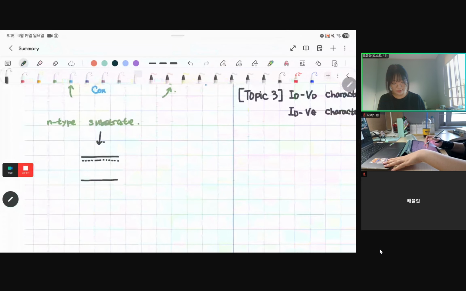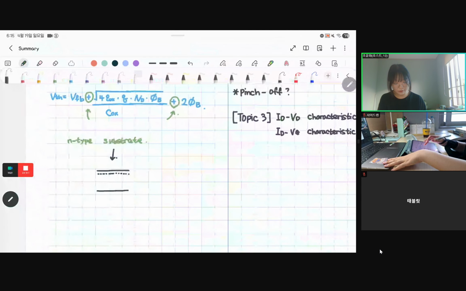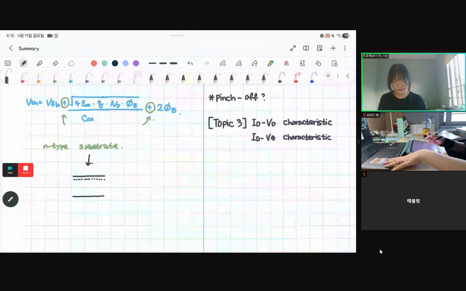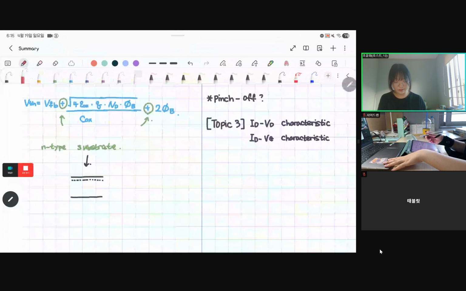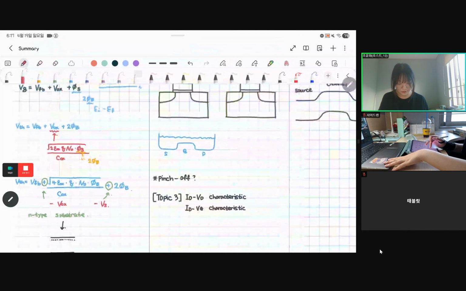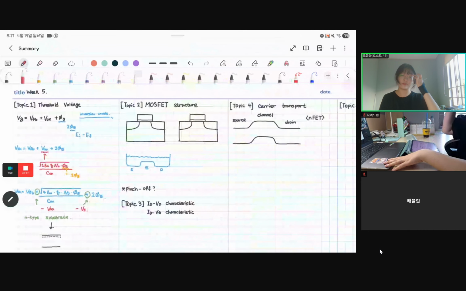With an N-type substrate, the polarity is inverted. So when we calculate it, we consider that the oxide and substrate voltages are negative. So that is the threshold voltage.